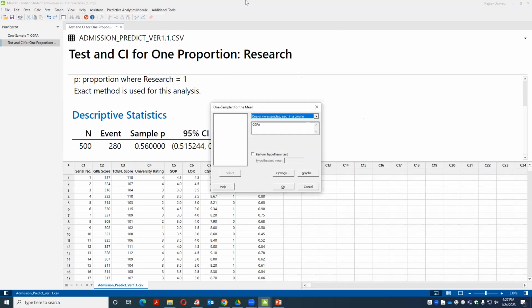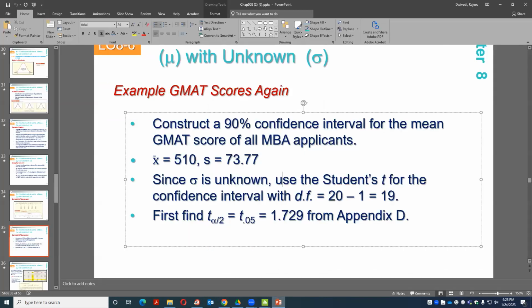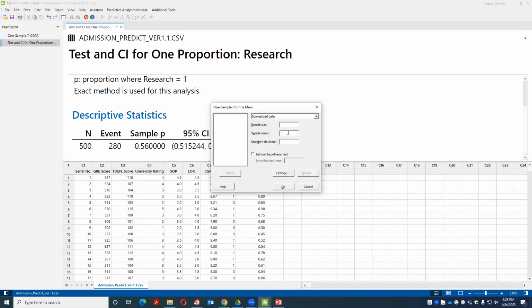One sample T, and here summarized data. I have to enter the sample mean 510 and standard deviation 73.77. Sample size is 20. And what is the level of confidence?